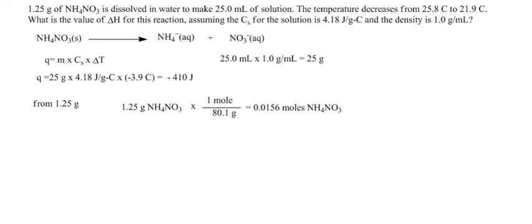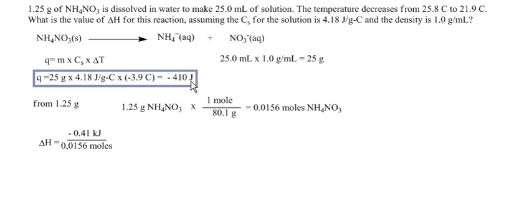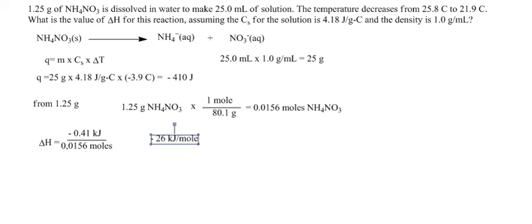Well, if we want to look at the delta H for this, the delta H was the negative 410 joules, or negative 0.41 kilojoules, for 0.0516 moles, equals minus 26 kilojoules per mole for the surroundings, for the water that our stuff was dissolved in.